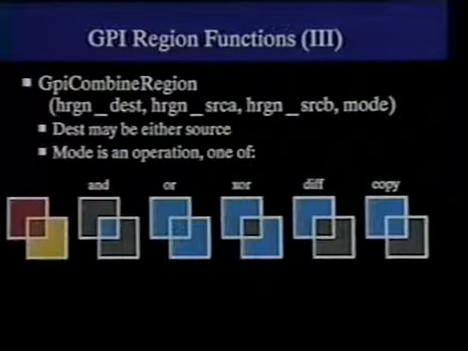The final two modes are simply provided, they are not Boolean operations, they are rather set operations. The differencing subtracts from region A all those rectangles which are part of region B and returns the result in the destination. And the copy simply creates a copy of the region A in the destination.